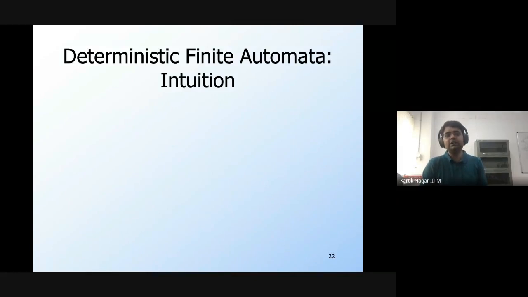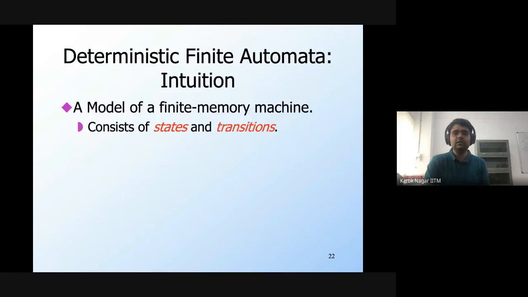And in general, a deterministic finite automaton is an abstraction of a machine with finite memory. So let's first look at intuitively what a DFA is, and then we will see a more formal definition. As I said, this is a model, an abstraction of a finite memory machine.